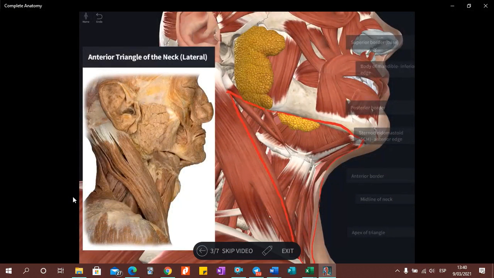In this video, we're going to be dealing with the anterior triangle of the neck and some of the smaller triangles that we will find within the anterior triangle.